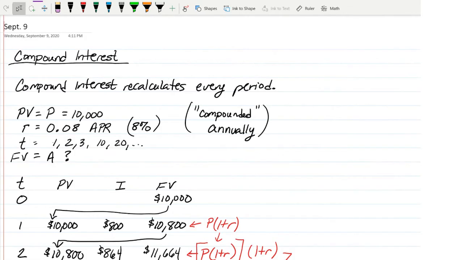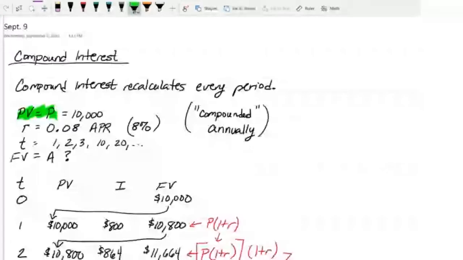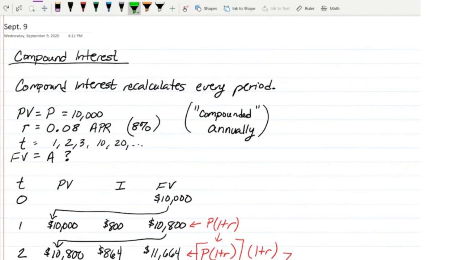The first example I did yesterday was $10,000. The present value, remember in bank account terms, we usually call this P. That's what we called our P, $10,000. The interest rate was 8%, and I had to specify 8% APR because now that we recalculate the interest every time we do this, it gets a little bit more complicated.